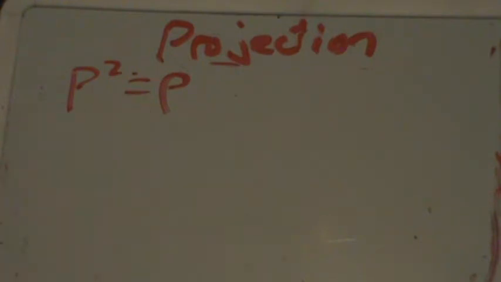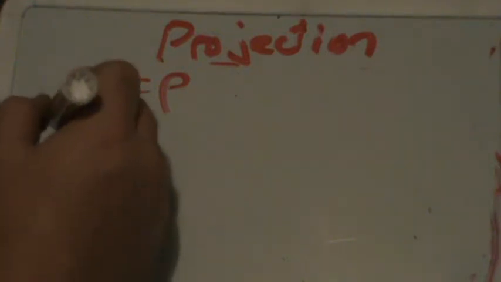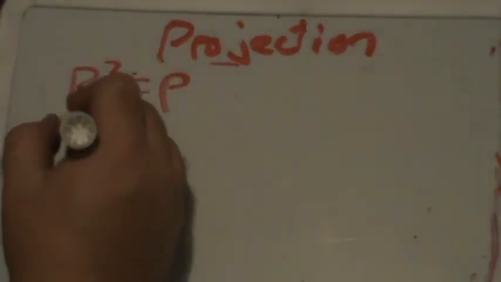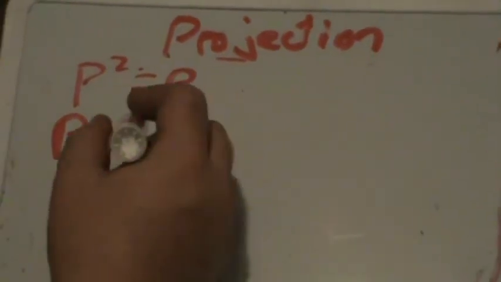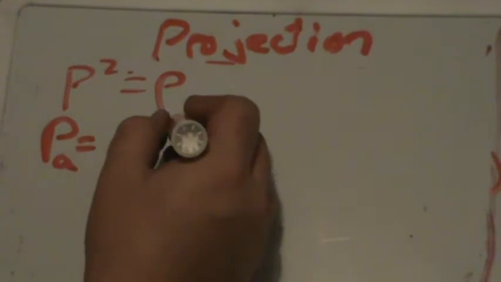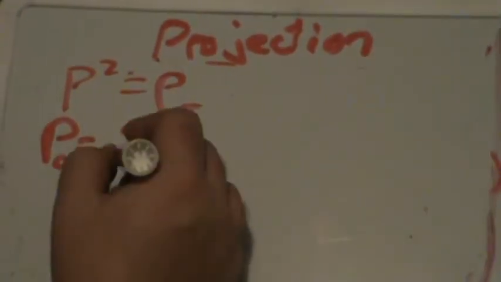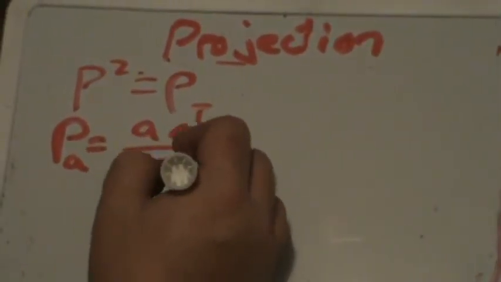We now have this property here that we would like it to be. The shadow of the shadow equals the shadow. Let's see if that works for the particular projector that we had talked about before, which was what happens when P is equal to, our P sub A in particular, was A times A transpose divided by the norm of A squared. Where I just kind of combine them together on the bottom.